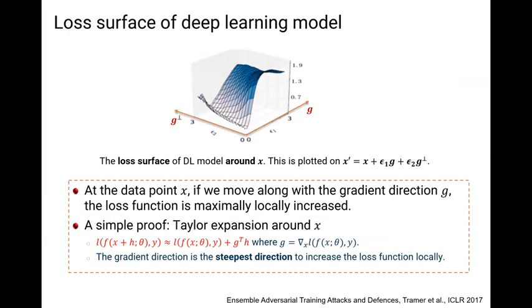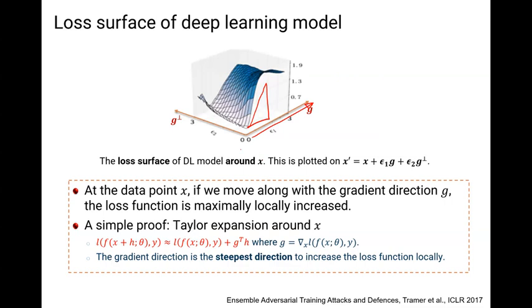We all know that the nasty directions that are more likely to cause misclassification go along the gradient, because the gradient creates the greatest change in the loss function, right?